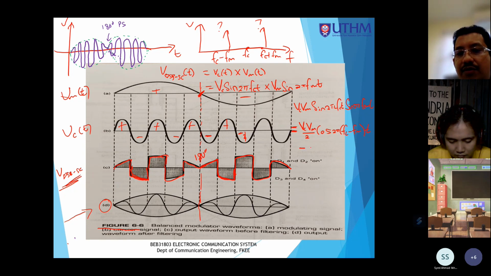Minus VcVm/2 cos 2π(fc + fm)t. So ini adalah upper sideband. Okay. Dan kalau you lihat di sini berdasarkan persamaan ini, maka kita boleh simpulkan bahawa dia punya amplitude sebenarnya adalah VcVm/2. Okay, which is VcVm/2.